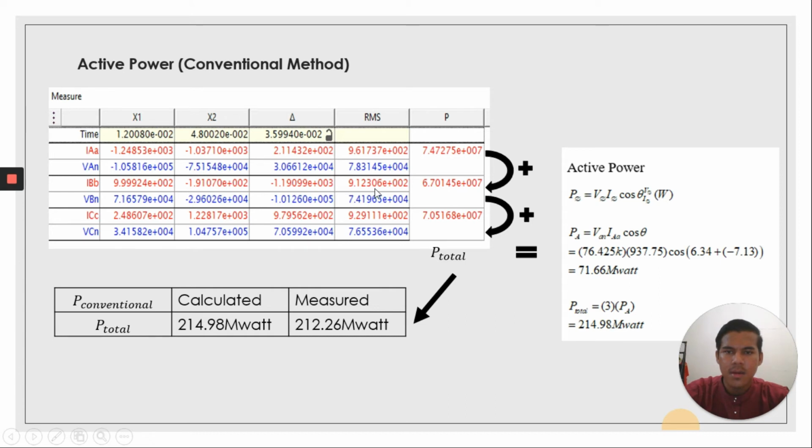As you can see here, this is the value that we got earlier, the RMS value. This is the active power that we got for each.